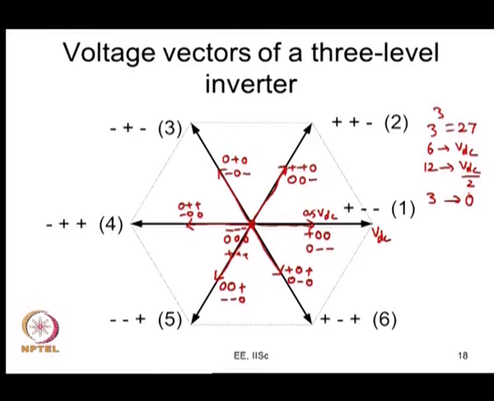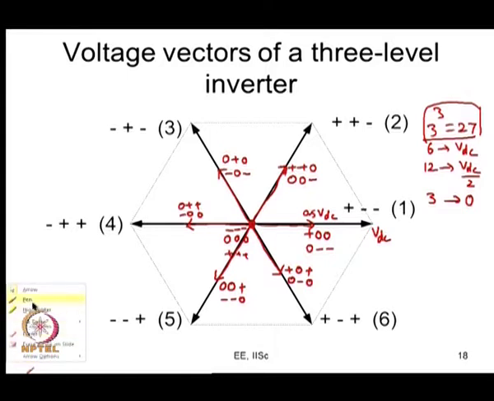So, you have now accounted for 21 out of the 3 power 3 is equal to 27 states. There are 6 other states which are combinations of plus, 0 and minus, in which one pole voltage will be VDC by 2, another one will be 0 and the third one will be minus VDC by 2. Such combinations are the ones that are missing.